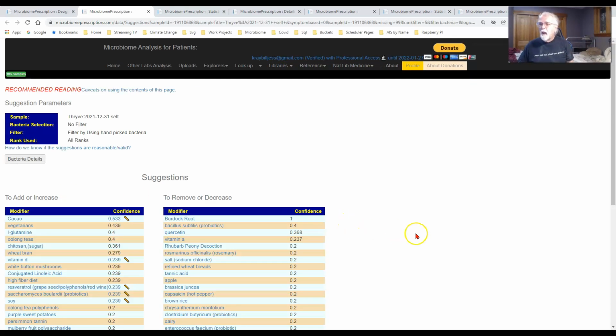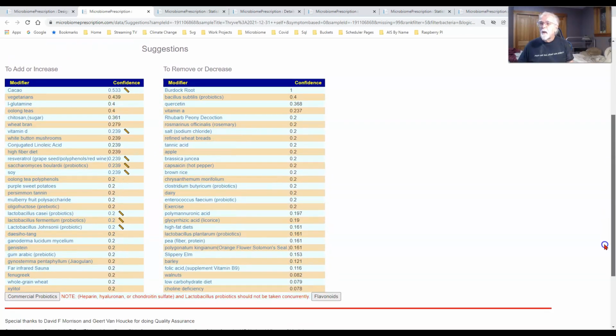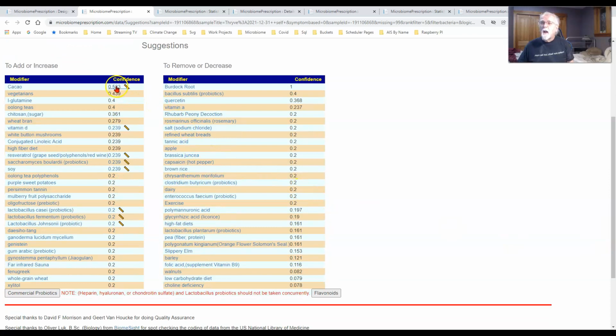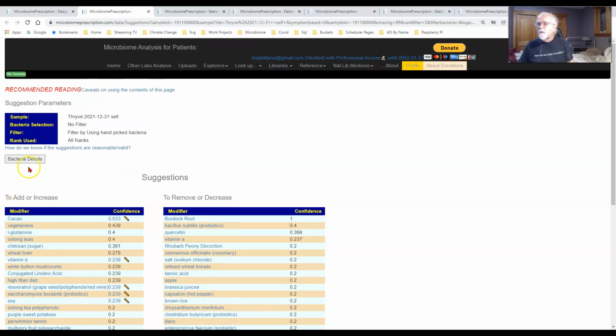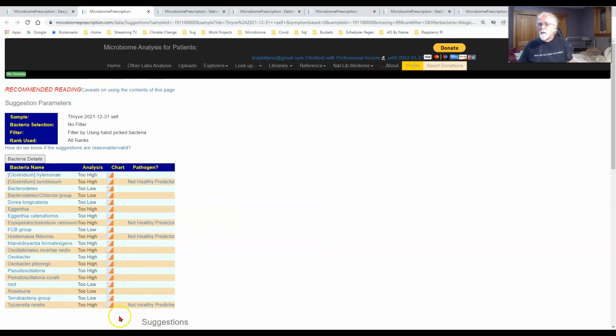It will now go through and list out the things the person should take. The confidence level here, I should explain, is based on a combination of the number of studies saying it shifts one of the bacteria. And which bacteria are we doing? If we go up here, we see all the bacteria which they have selected and the criteria for selection.